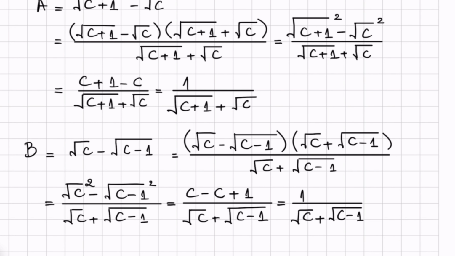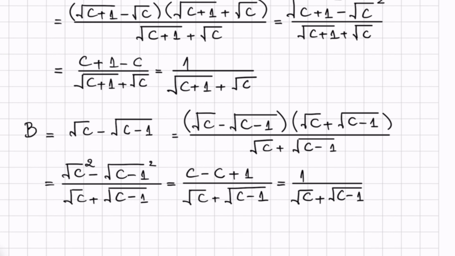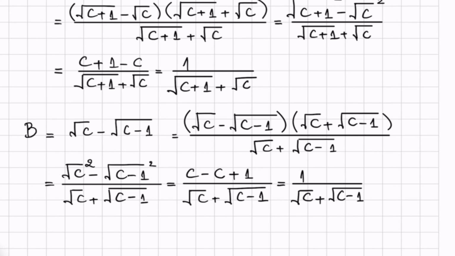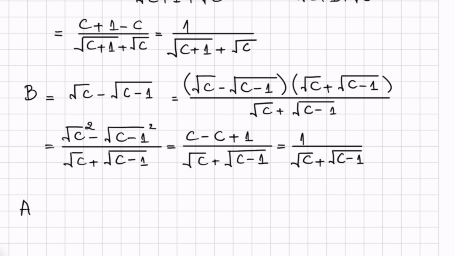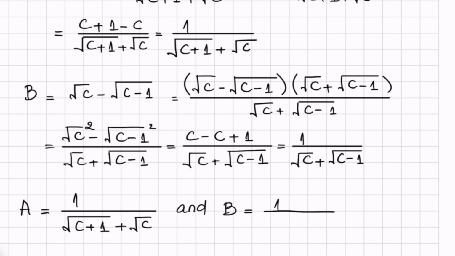Now look at the numbers a and b. Let's summarize again: a is equal to 1 over square root of c plus 1 plus square root of c, and b is 1 over square root of c plus square root of c minus 1.